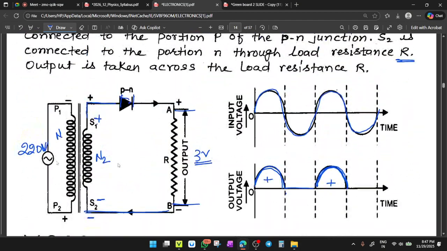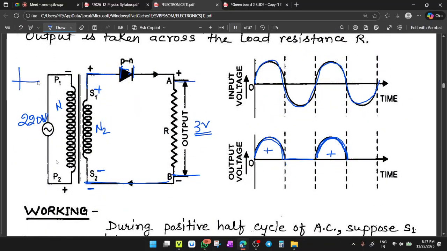So working is like this: during the positive half cycle, what will happen? The supply will be like this. This is plus and this is minus. So if this is plus and this is minus, the resultant polarity will be plus and minus here, which means your diode gets forward biased during the first half cycle.